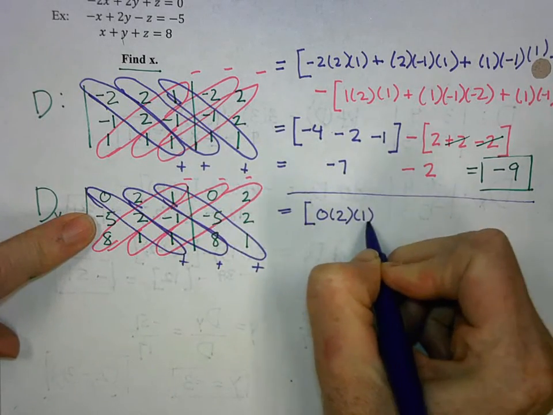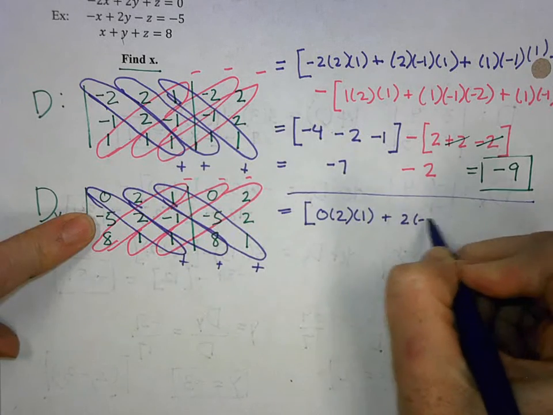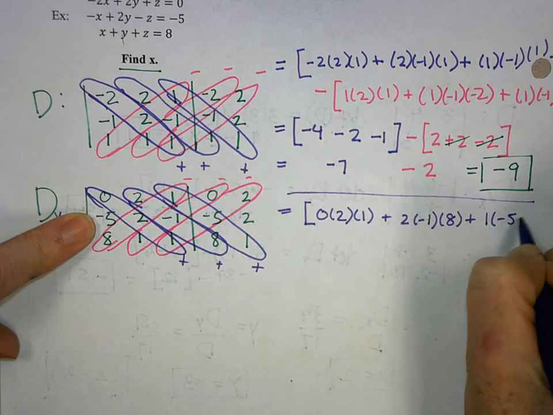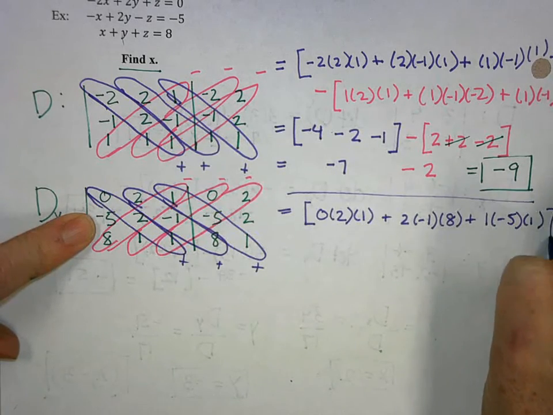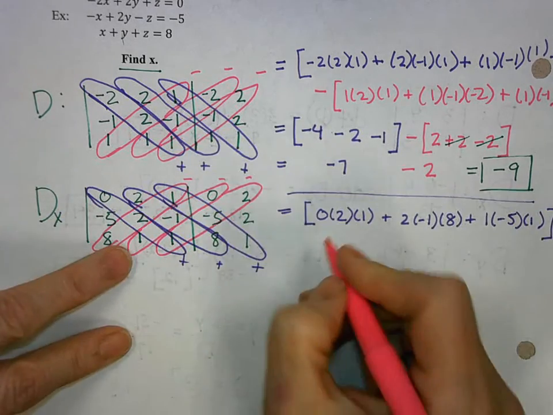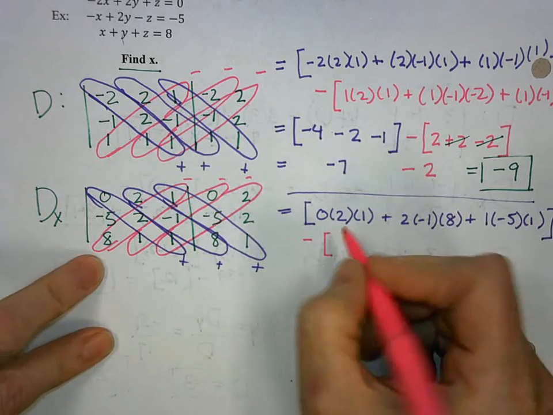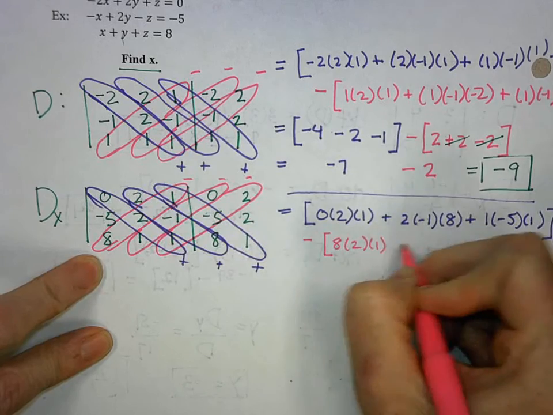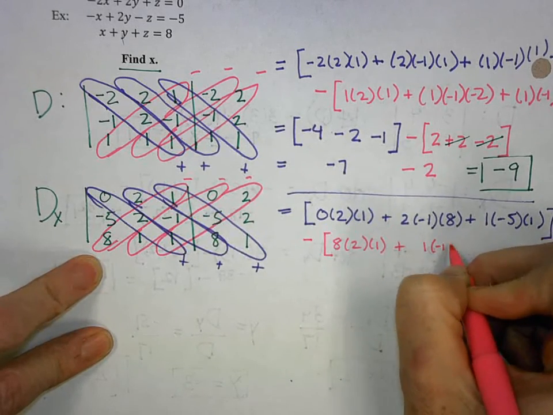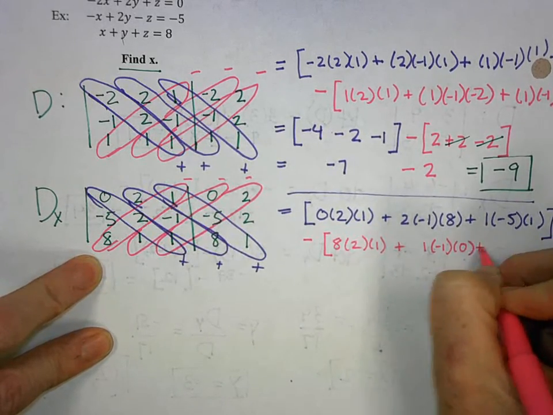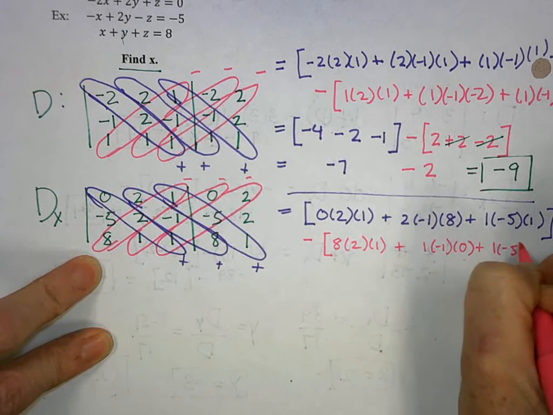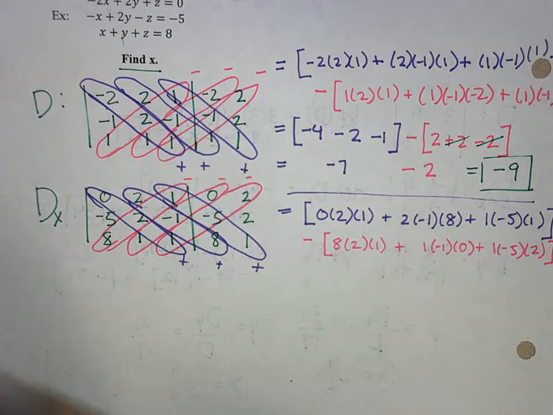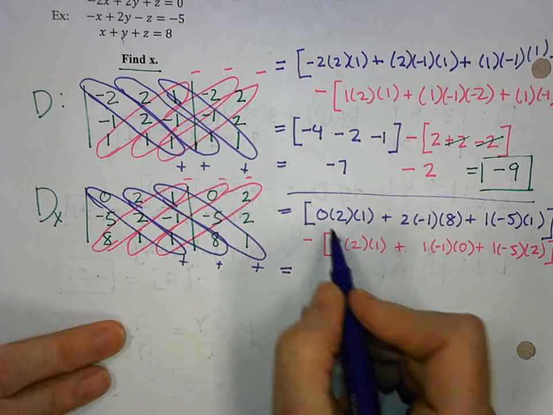I'm going to have a positive block. 0 times 2 times 1, plus 2 times -1 times 8, plus 1 times -5 times 1. That's the positive. Let's subtract from that these products: 8 times 2 times 1, plus 1 times -1 times 0, plus 1 times -5 times 2.